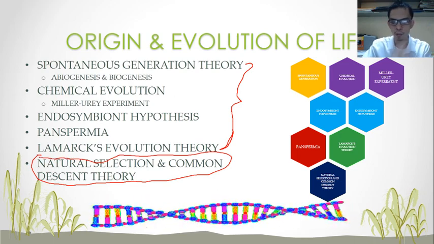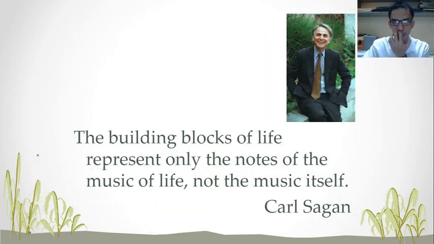So with that, I will just leave you a quote coming from Carl Sagan. The building blocks of life represent only the notes of the music of life, but not the music itself. So, which means that the building blocks of life, the nucleic acids, carbohydrates, lipids, and proteins, are only the things that make up the living thing.